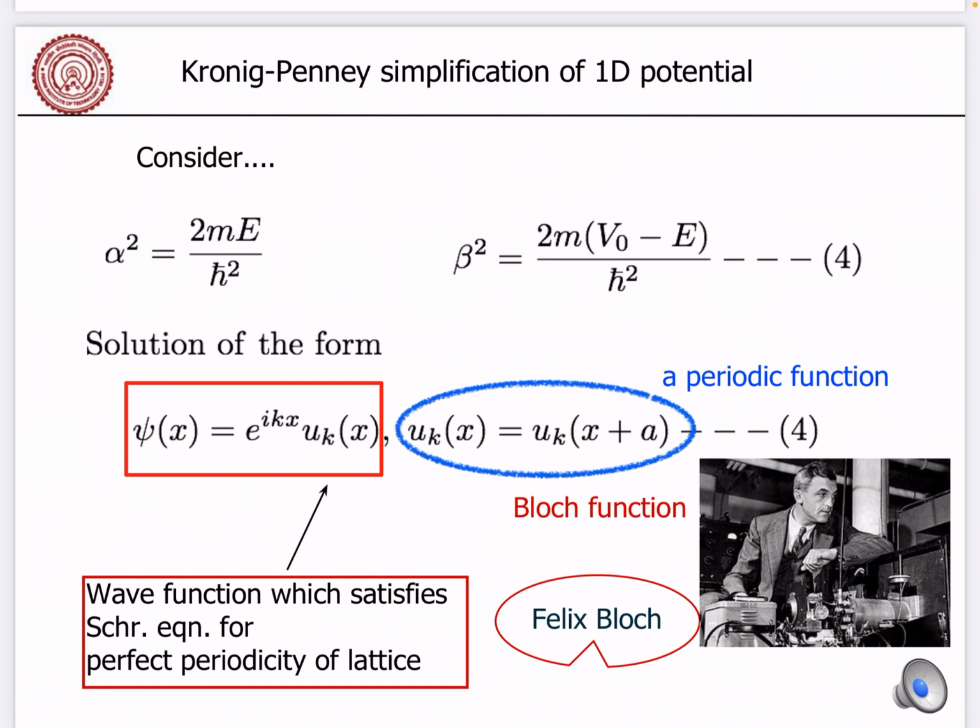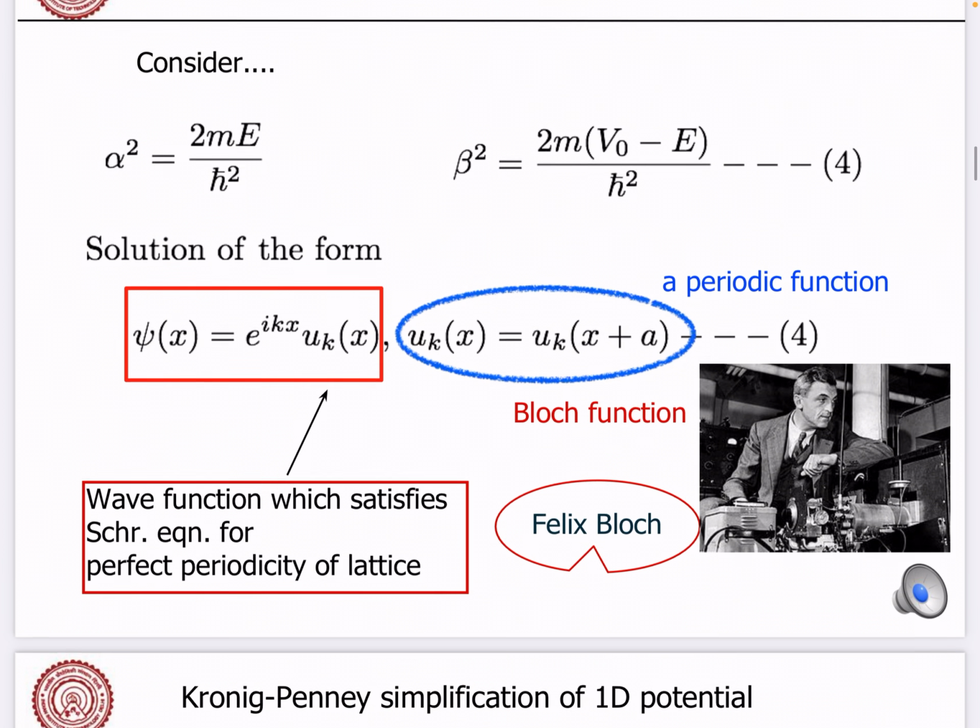These electrons in solids are also called Bloch electrons, or sometimes band electrons. I will come to that later. The Bloch function satisfies the Schrodinger equation for perfect periodicity of the lattice. That is the condition: if there is a periodicity of the lattice, then the wave function has to be given by the Bloch function.